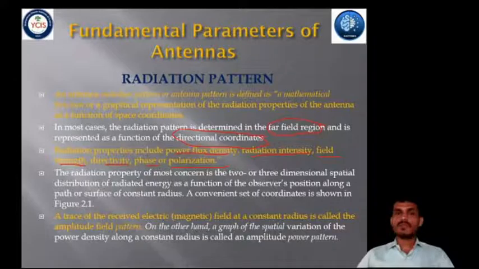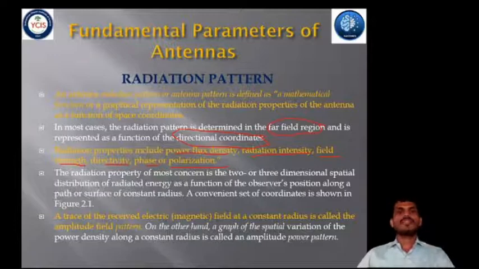Now the radiation property of most concern is the 2 or 3 dimensional spatial distribution of radiated energy as a function of the observer's position along a path or surface of constant radius.